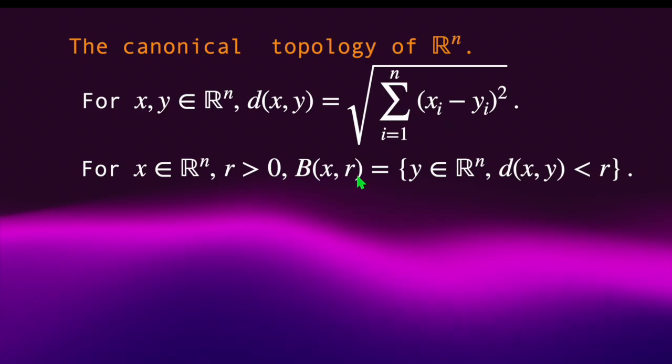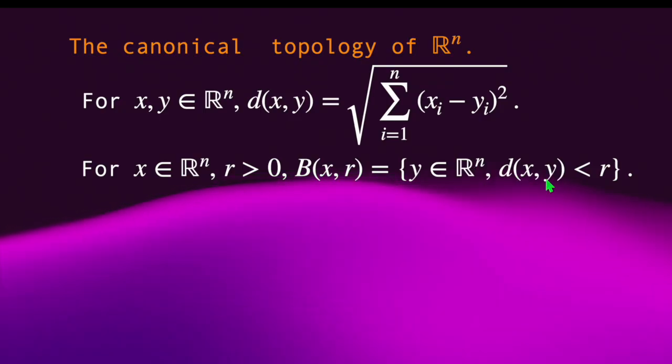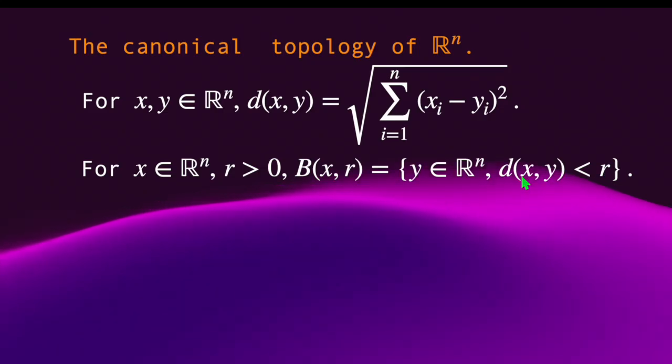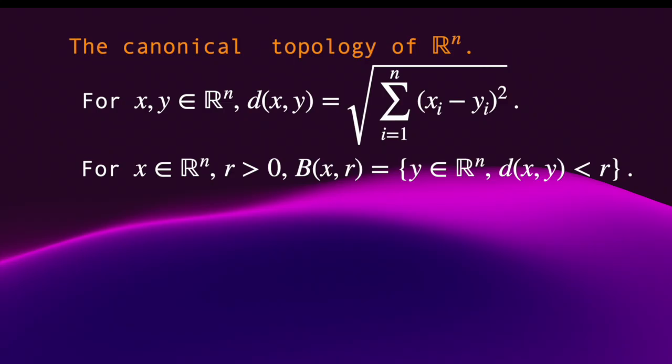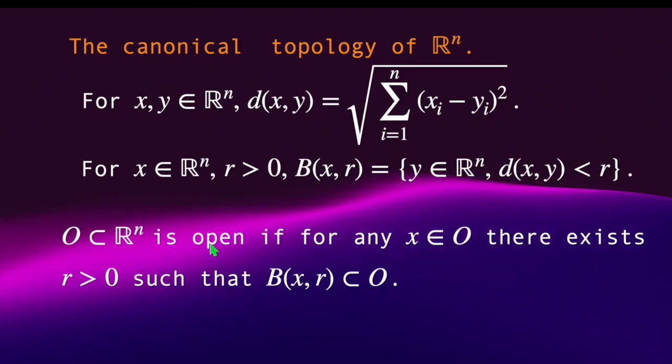A ball of radius r is the set of vectors in Rn which are at a distance less than r from X. And with that we can define what an open set is.